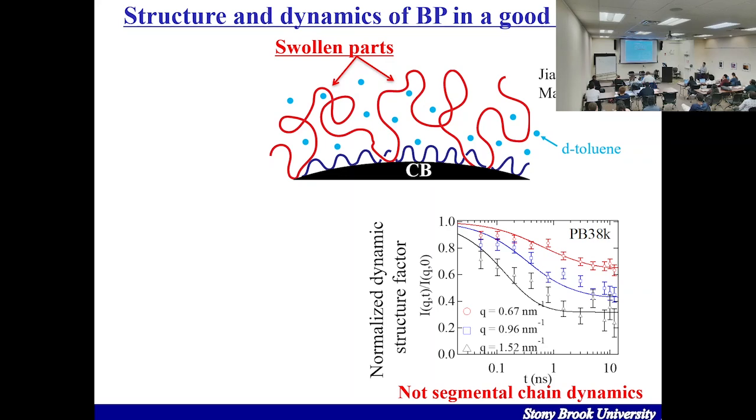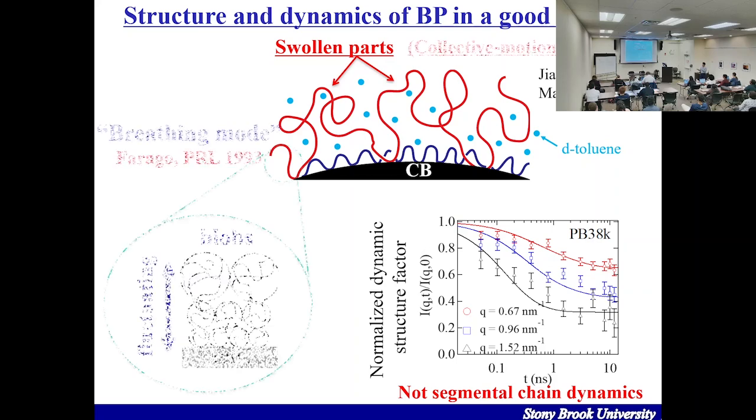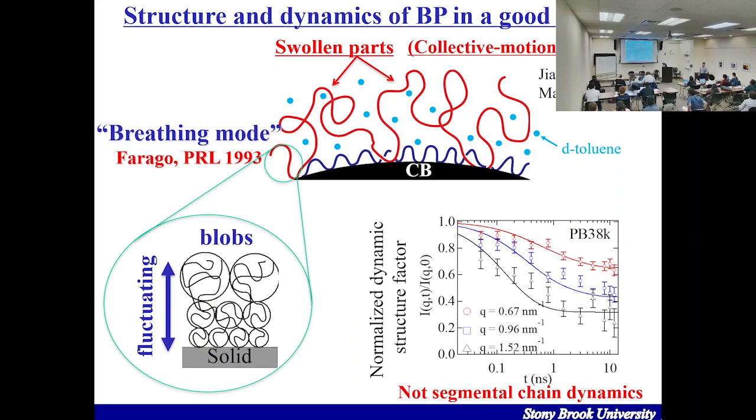Then again, I searched the papers, and our legend published a paper in Physical Review Letters in 1993. It's not the segmental motion, it's more like a collective motion. It's like a jellyfish. The chain stretches, and then squeezes back, stretches, squeezes back. That's what we call the breathing mode.